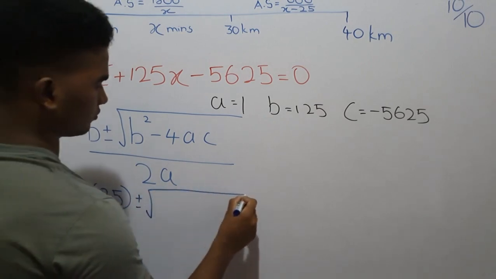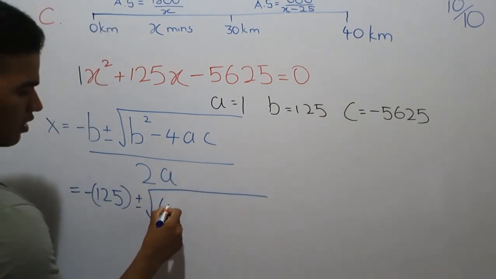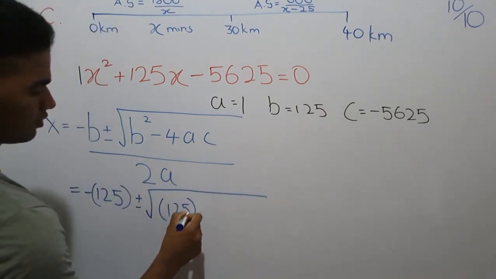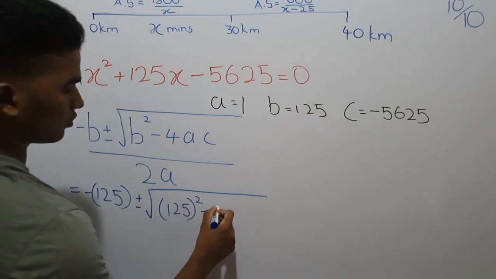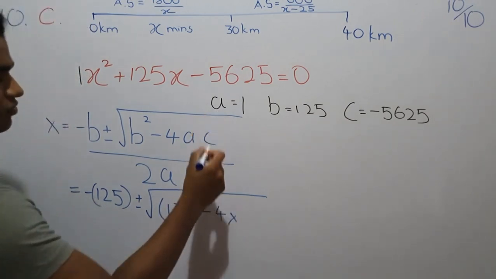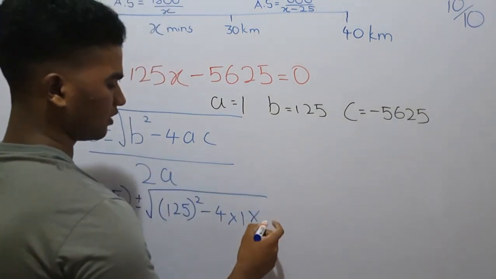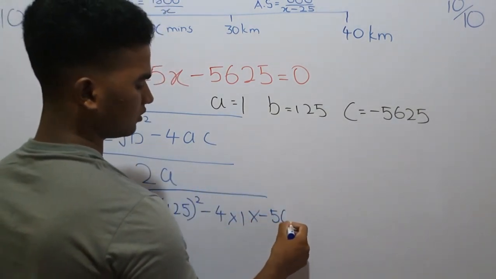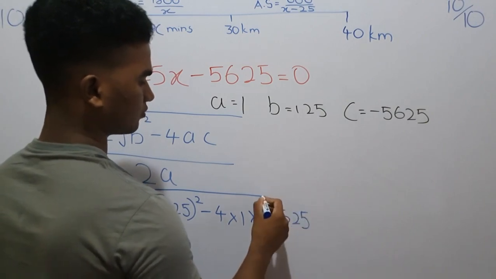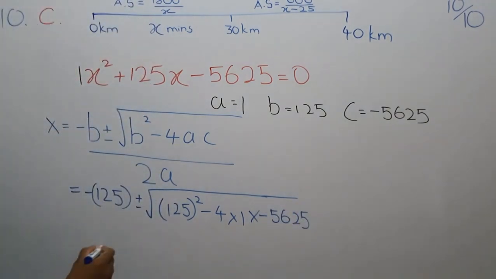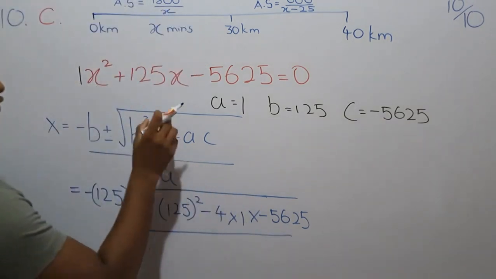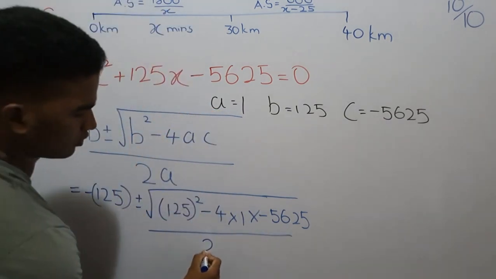Square root, put brackets 125 square minus 4 into a is 1 into c is minus 5625. Whole thing divided by 2a, a is 1, 2 into 1.